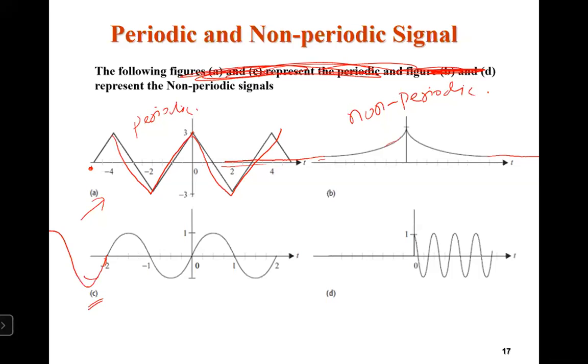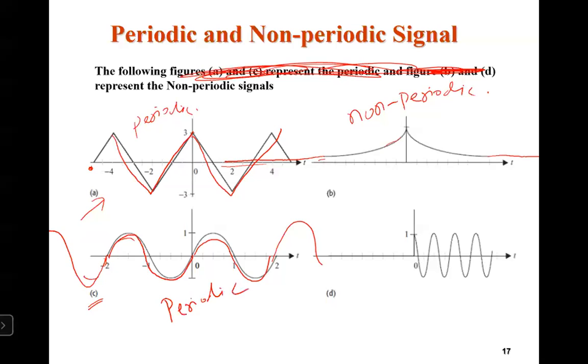So that means it is lasting from minus infinity to infinity, and it is also repeating, following the second condition. This portion is again being repeated, so that's why it is also periodic.